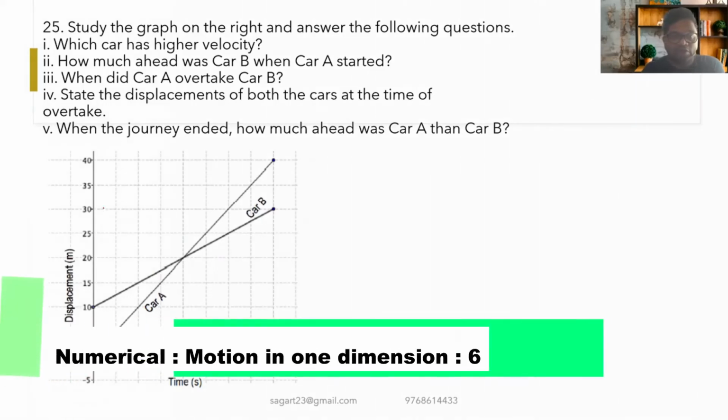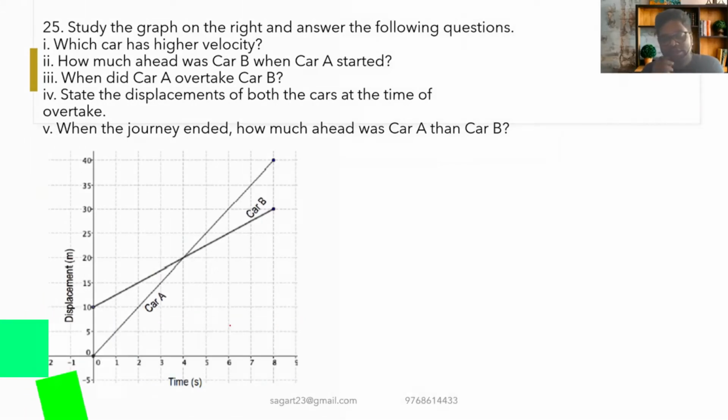There are no values given, we have to just say that the car A graph is much steeper than car B. But now we have values, so we will have to calculate that as 1 comma 5, and I'll take this coordinate which is 7 comma 35.